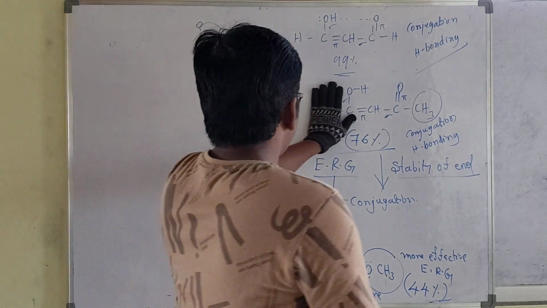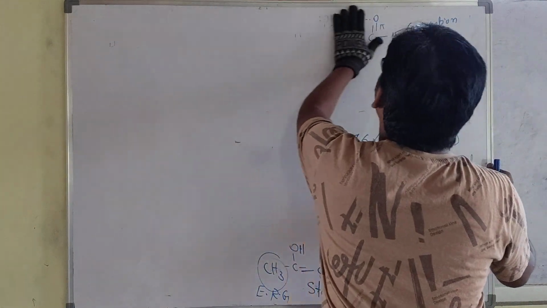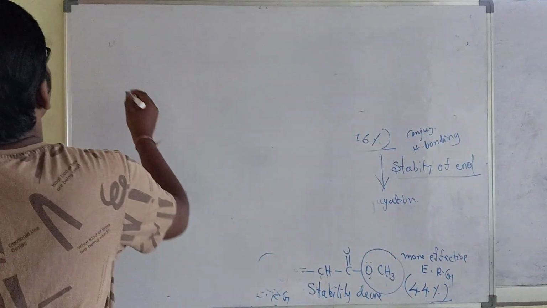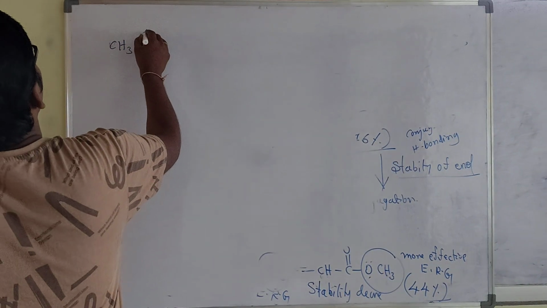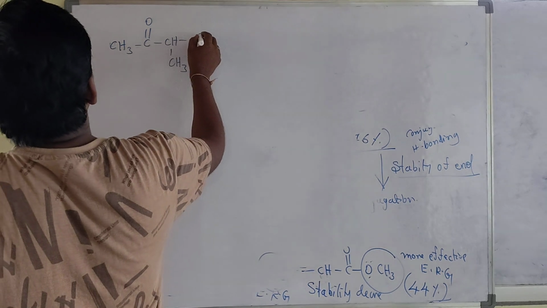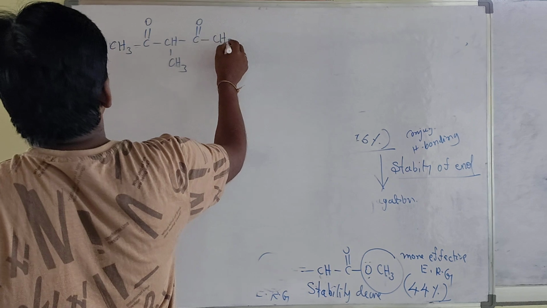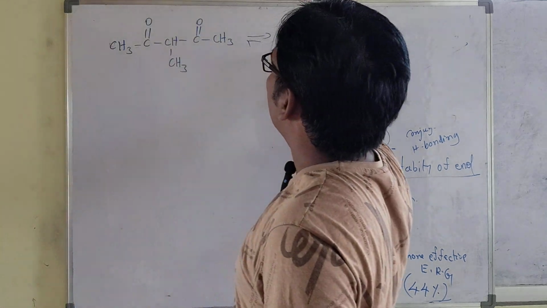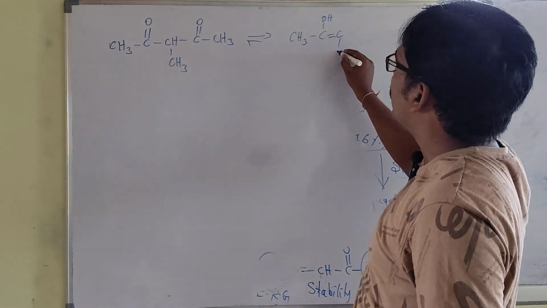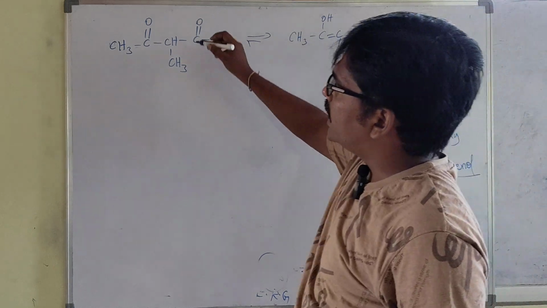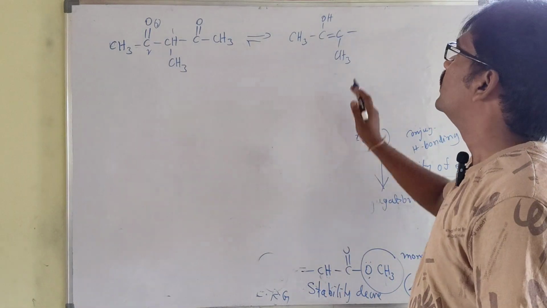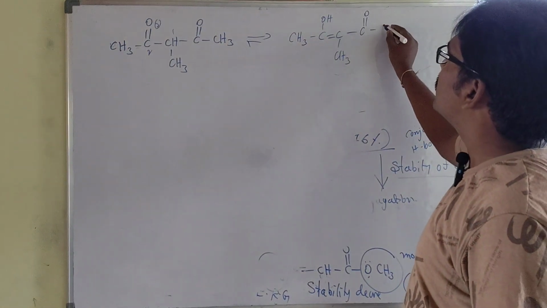One more compound we'll see. That is CH3, C double bond O, then CH, then C double bond O, CH3. Even here you can write the enol content, that is CH3, C(OH), double bond C, then C double bond O, CH3 as usual. The hydrogen migrated from the third position.